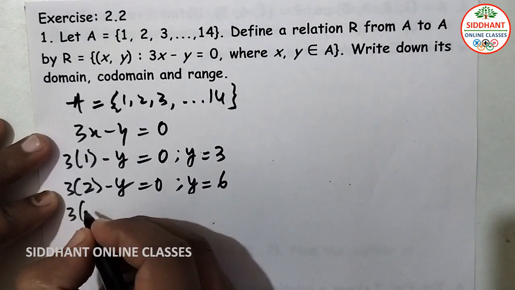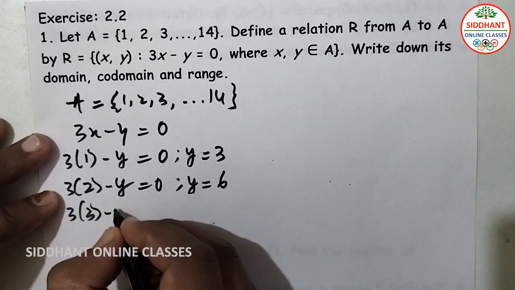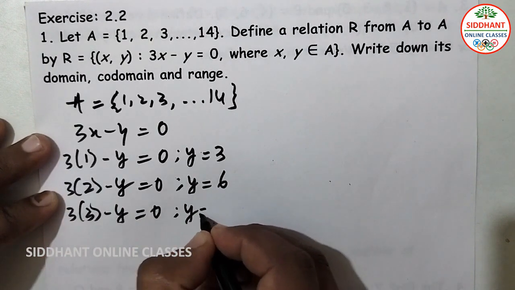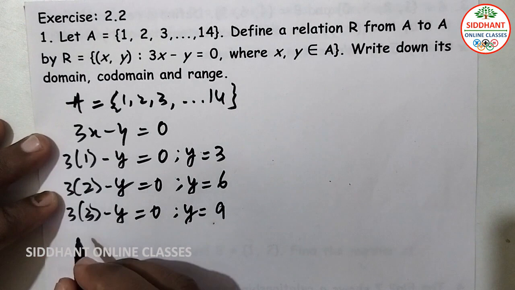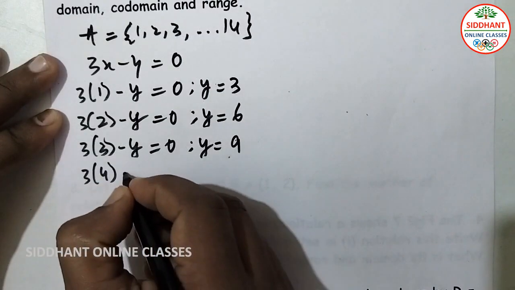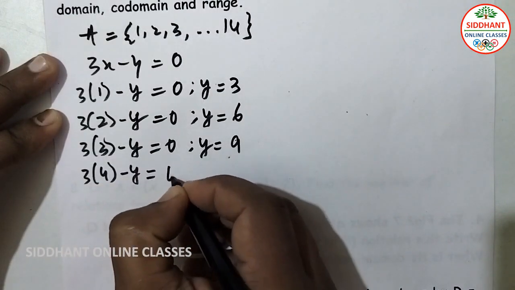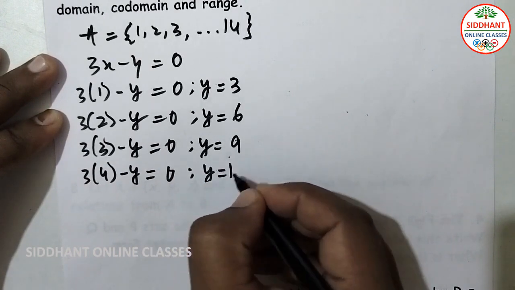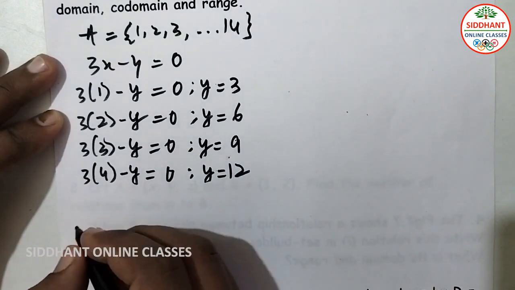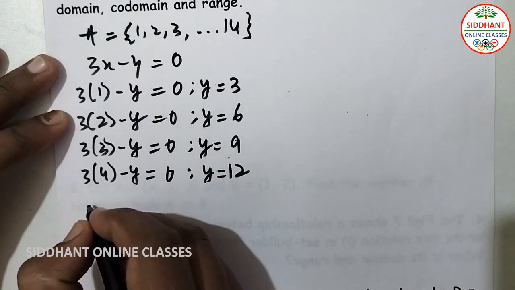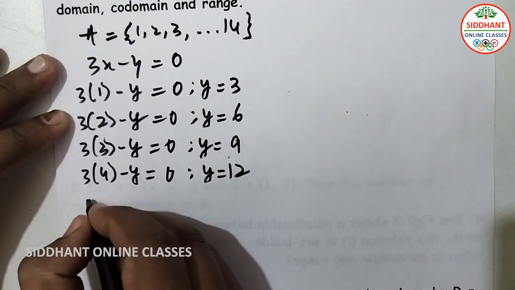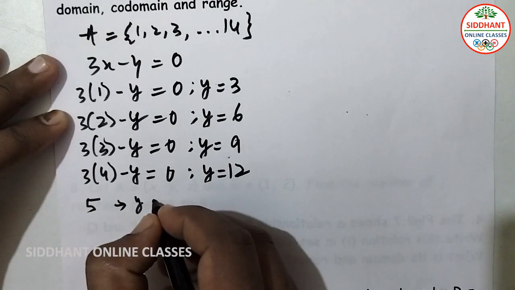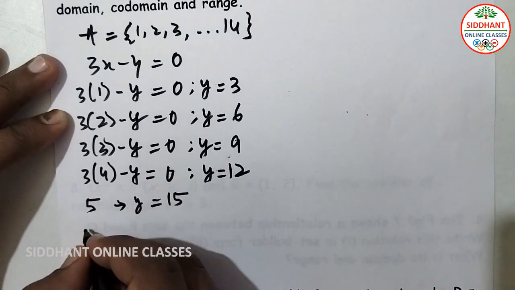In the same way, when you input 3, you get y = 9. Same, when you input 4, we get y = 12. In the same way, when you input 5, the y value we get is 15.